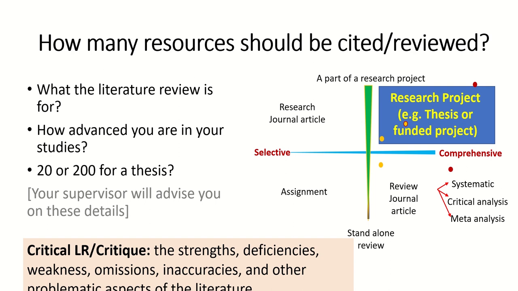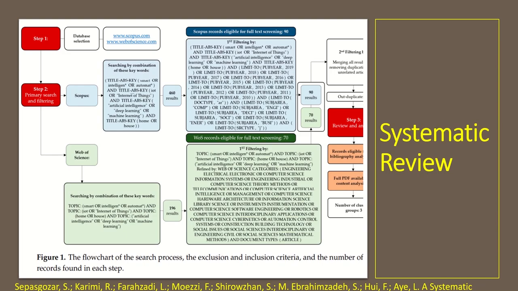So this should be reported in your critical literature review. Systematic review, as it's clear from the word systematic, shows that the entire process from the beginning to the end should be based on a specific logic and should be systematic.